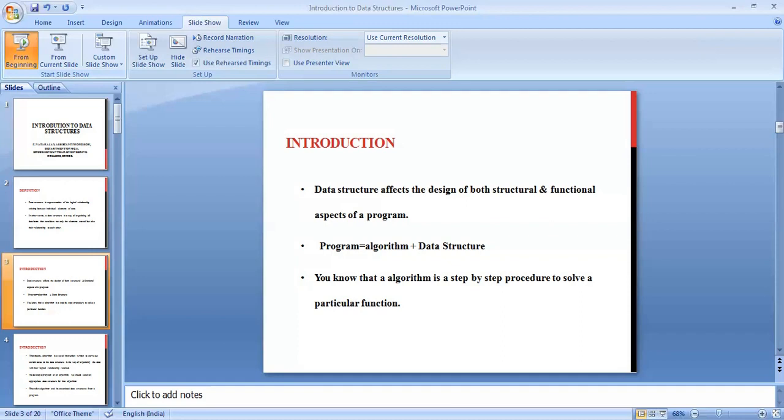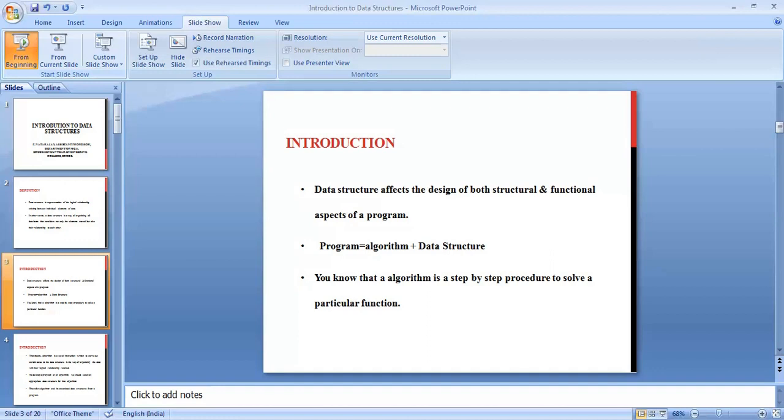So it's not only a way of organizing and storing the data, but also using the relationship to each other. Each and everything means storing, organizing, and using the relationship.